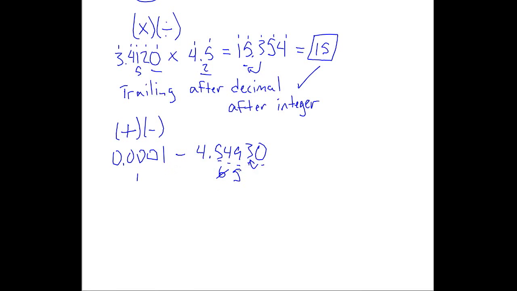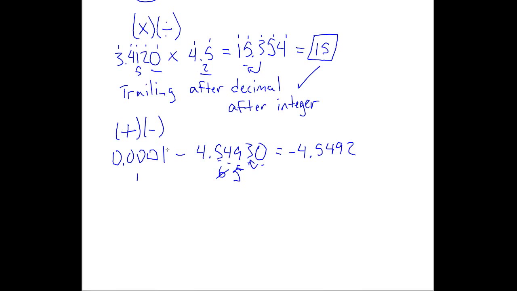Since we're adding and subtracting, we care about the number after the decimal. So if we plug this into our calculator, 0.0001 minus 4.5493, the calculator spits out for us negative 4.5492.